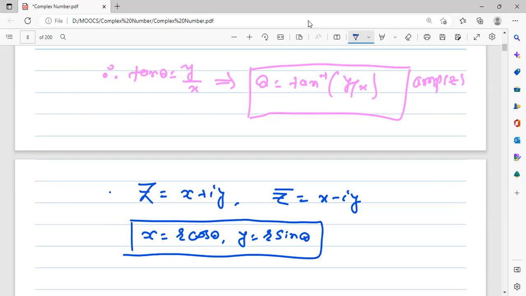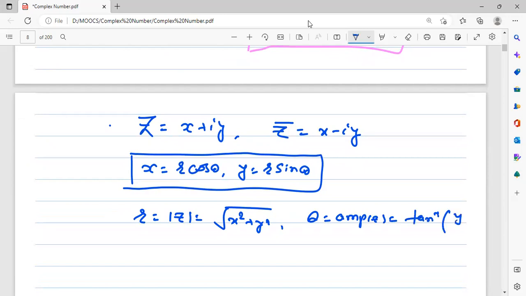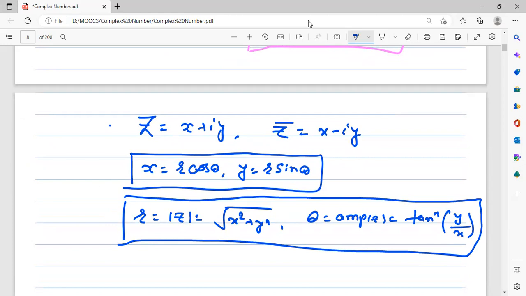So what is r? r is nothing but the magnitude of z, square root of x square plus y square, and theta is nothing but the amplitude of z, or the argument of z, which is tan inverse of the imaginary part divided by the real part. This is a very important relation, and we'll build up a lot of things based on this relation in the coming lectures. Thank you.